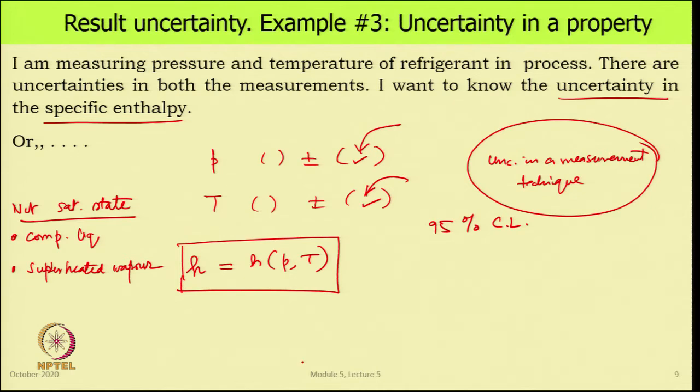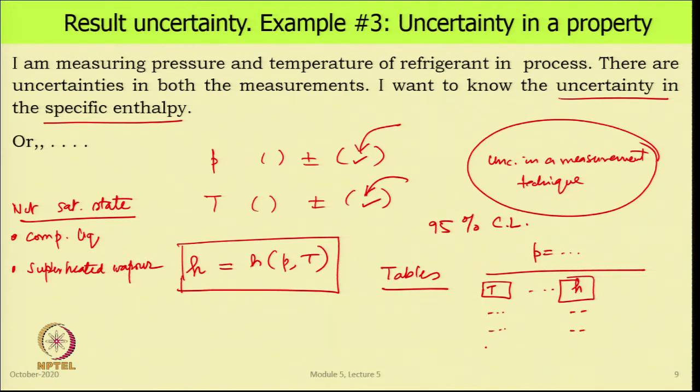But we will not access that at this point, and we will say that the only information I have about this is property tables. In the tables, for each pressure, there is a chart which says that if this is the temperature, then this is the specific enthalpy. So, for this temperature it is here, for this one it is here, and like that.